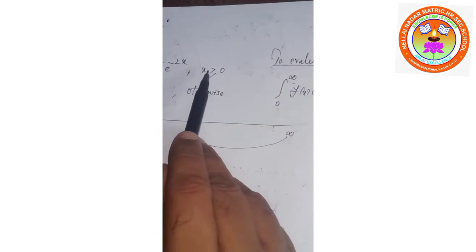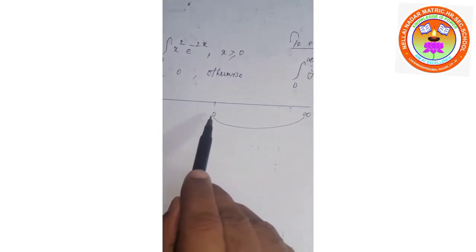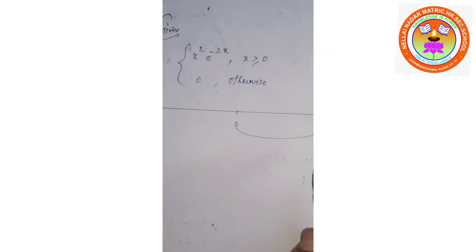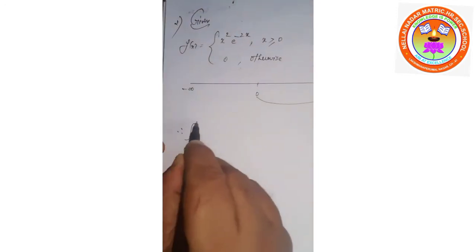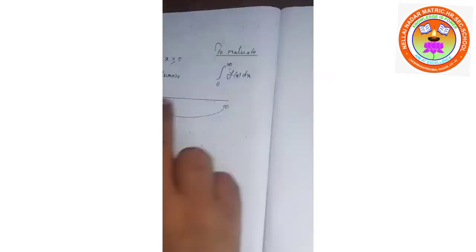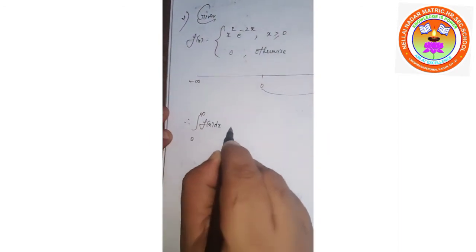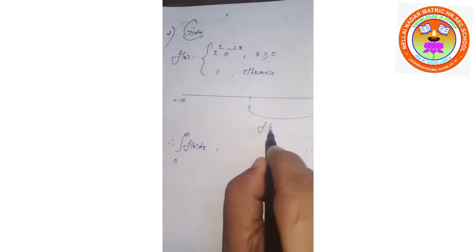So whether you are given greater than 0 or greater than or equal to 0, you have to consider the limits as 0 to infinity. Then therefore, integral 0 to infinity f of x dx. In 0 to infinity, what is f of x?